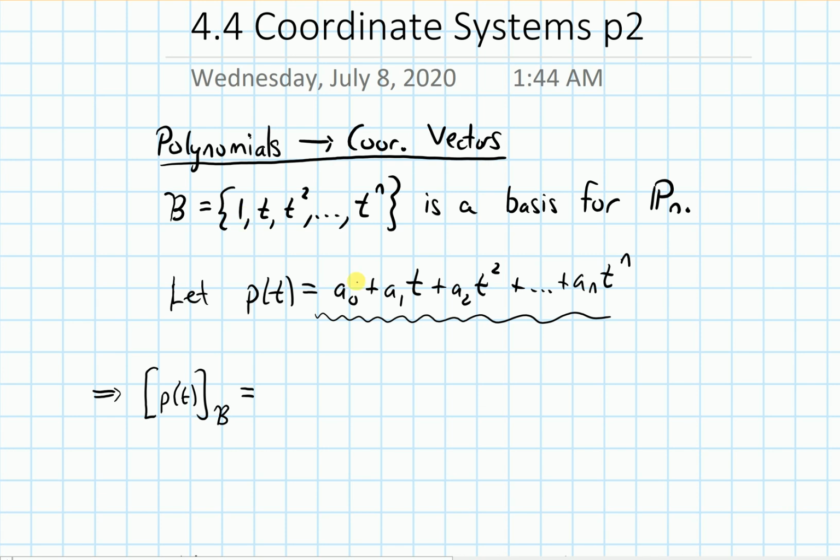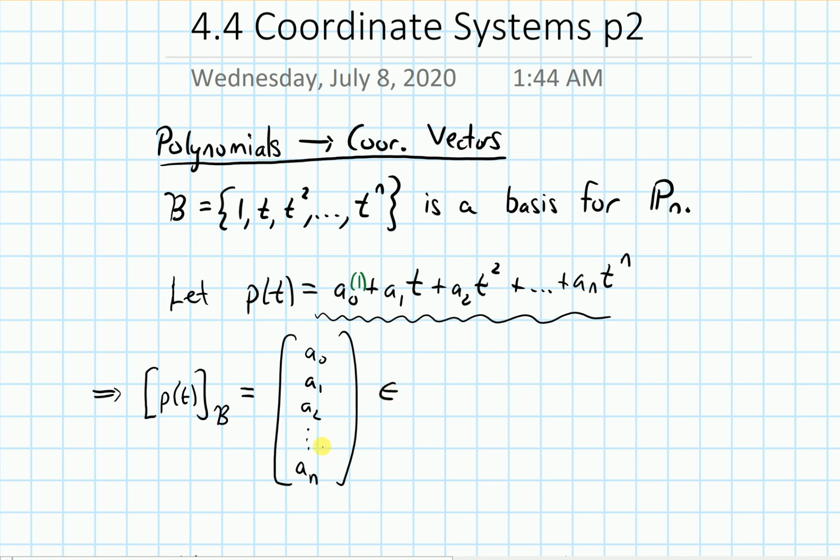So the weights of this linear combination become the entries of our vector. The first weight is a0, because it's technically a0 multiplied by 1 here. The next weight is a1, the next weight is a2, all the way up until an. So I'm taking these coefficients, the a0, the a1, the a2, all the way up until an, and those are the entries of this vector.